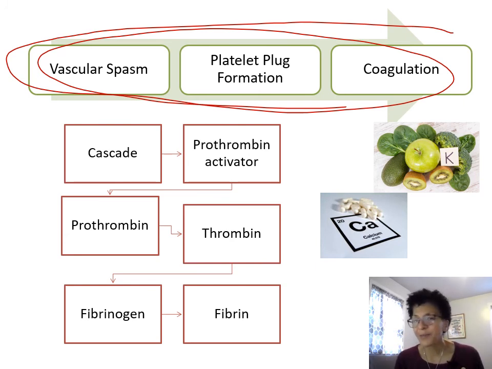But both pathways get us to the same endpoint with clotting factors that you need to be able to put in order. And so both pathways get us to prothrombin activator. And once you've created that molecule, it's going to act like an enzyme. So prothrombin activator will take prothrombin, already floating in the plasma but inactive, and convert it into thrombin, which is an active molecule.